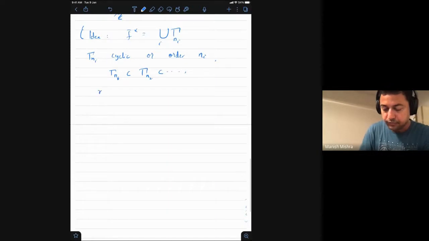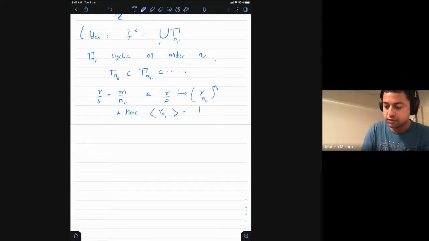Given an r/s, you write it in the form of m/N_i, and r/s maps to gamma_{N_i} to the power m_i. Here gamma_{N_i} is the generator of this capital Gamma_{N_i}.